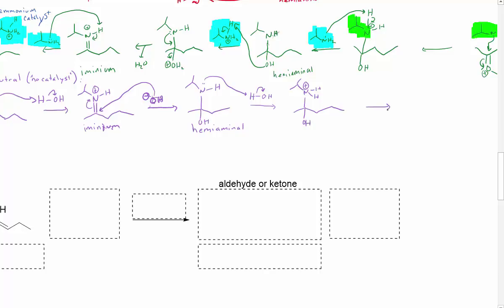Now that the nitrogen is protonated, it is ready to act as a leaving group. Under neutral or base-around conditions, we should not use the neutral oxygen to push out the nitrogen. Instead, we should think about the fact that this hydroxide that we just generated is going to play a role in the reaction.